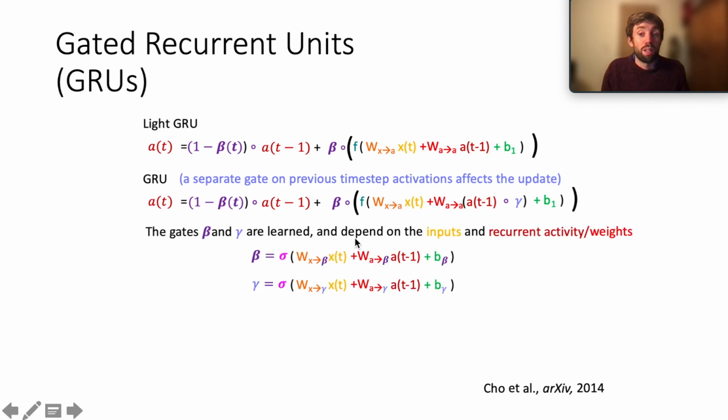So the GRU has two gates, beta and gamma, which are learned, and again they depend on the inputs and the recurrent activity at a particular time point. Similar to the light GRU, this gives you the possibility of dynamic gates that are particular to individual recurrent units in the RNN.